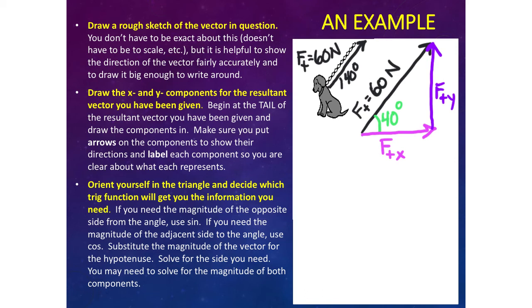Okay, and now let's say I want to know the value of those x and y components. What you're going to need to do is figure out the trig function that will get you the answer you're looking for.